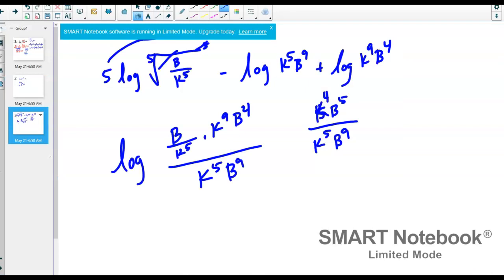Okay. Sweet. So then when I simplify this, this is going to give me just, well, I guess it'll be 1 because this will be just K to the first power in the denominator. And then 5 and 9, there's a difference of 4, so that'll be B to the 4th. And this is all the log base B for this.